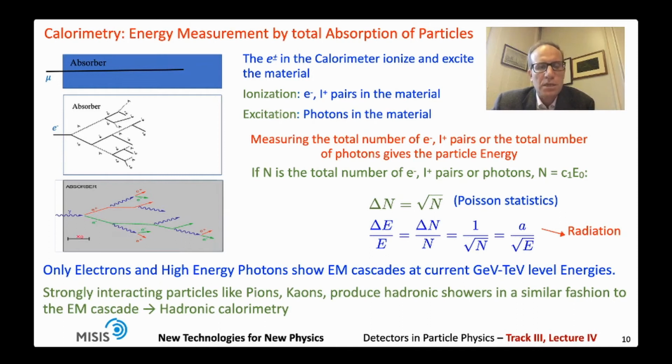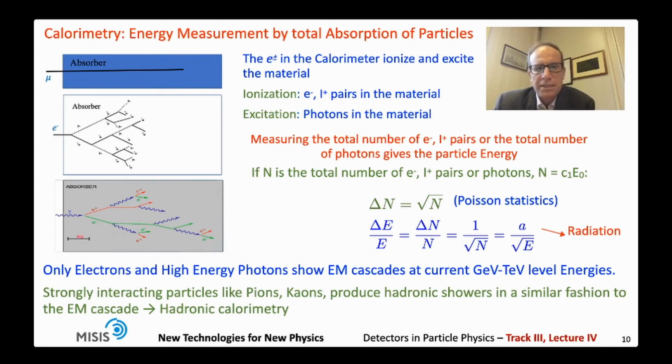So in the calorimeter they ionize and excite the material. In the ionization you produce electron-ion pairs, in the excitation you produce photons. And so if you measure the total number of electron-ion pairs and also the total number of photons, this gives you the particle energy.